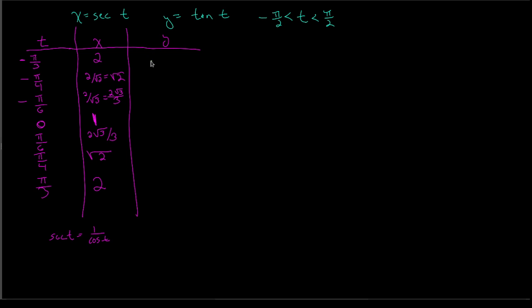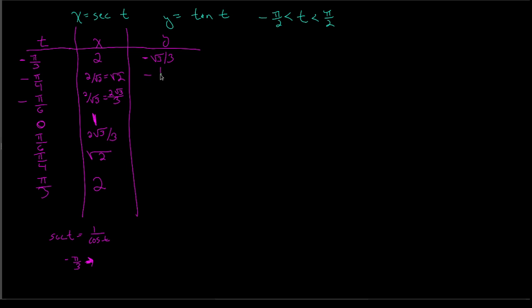And then for y values, this is sine over cosine. I'll have to write some of these out. So negative pi over 3 of tangent. So our tangent starts at, let's see, this is going to be negative root 3 over 3.